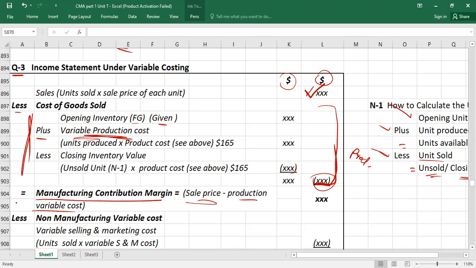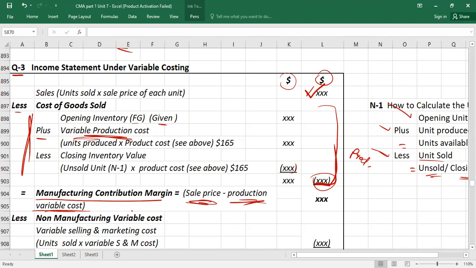Okay, this is the full-fledged income statement. But in MCQs, he will give you only the value of sales, and he will tell you direct material, direct labor, and variable overhead. Assume no opening and closing inventory is available. Then how will you get it? You take sales value less production variable cost. This will also give you manufacturing contribution margin.